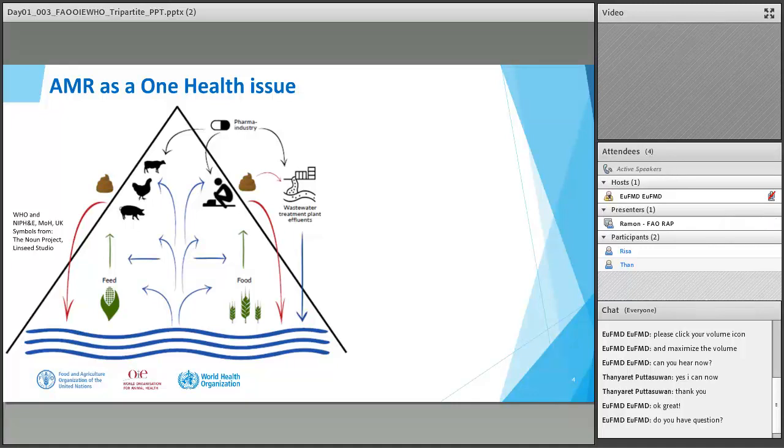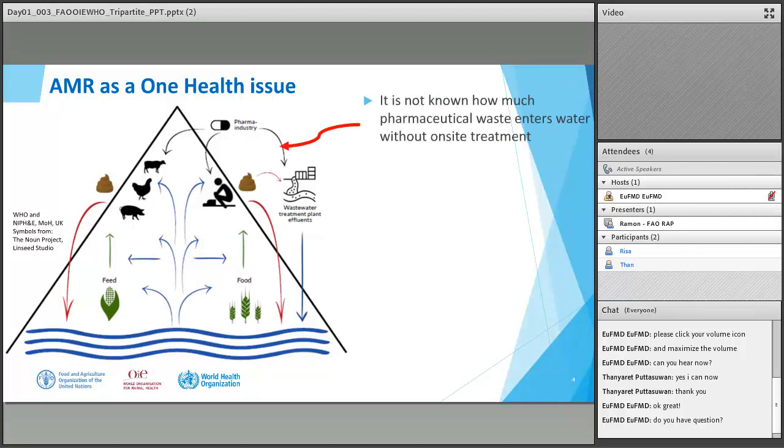So from animals to humans, from humans to environment, from environment to humans, from environment to animals, spreading all the time. We really don't know how much pharmaceutical waste is entering wastewater without on-site treatment, because there is not enough monitoring done at these manufacturing sites.